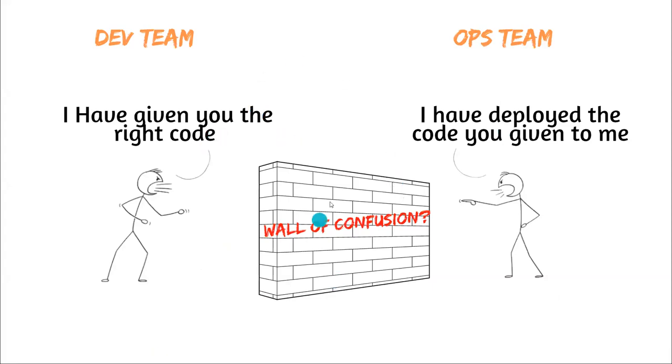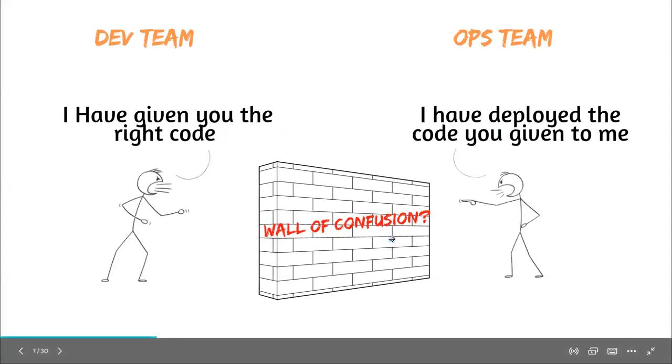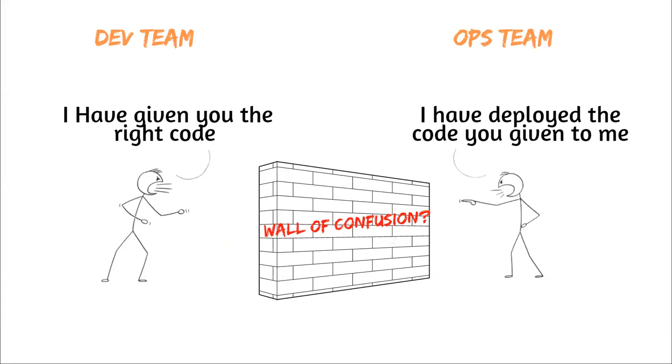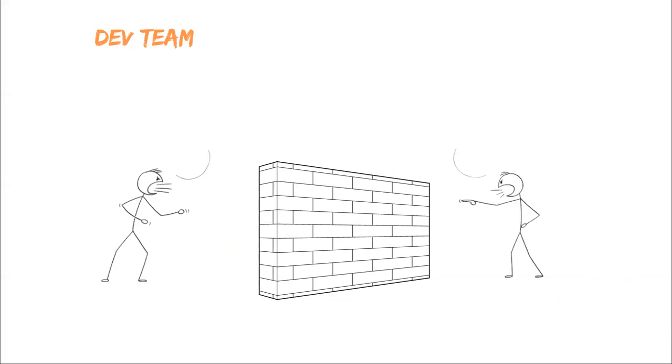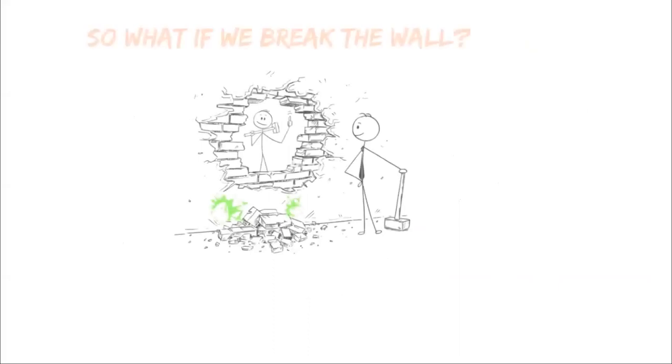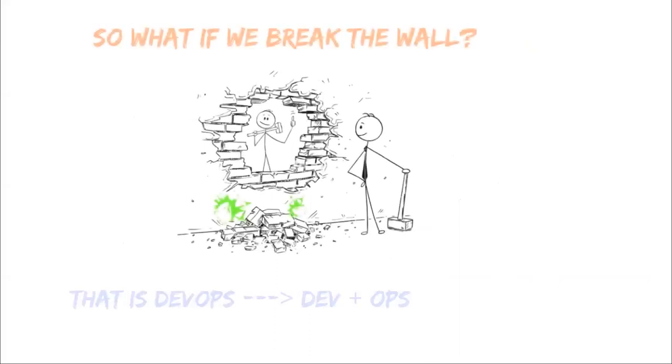So there is some wall of confusion. There is some miscommunication between these two teams. So that's the reason they have started fighting among themselves. For example, if they communicated properly, then the code would be running on the production server or not. They started communicating among themselves.